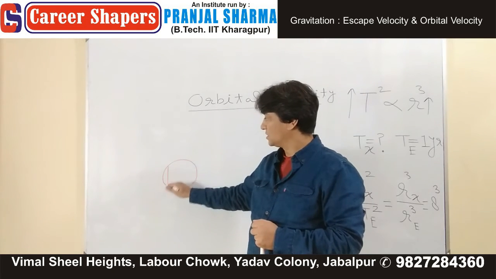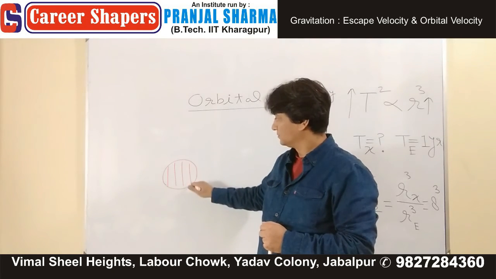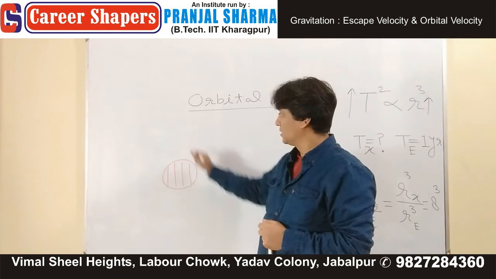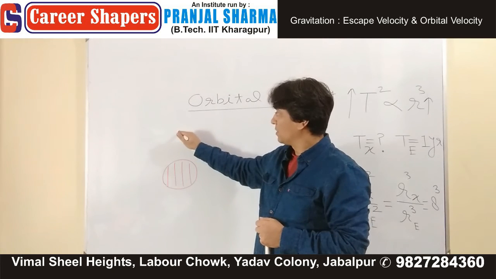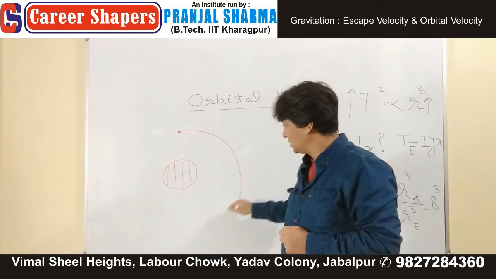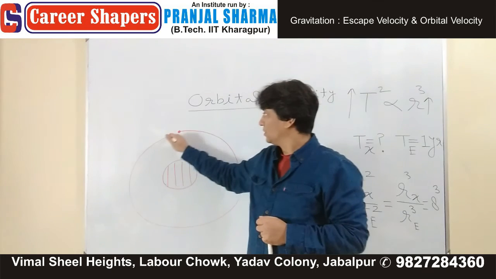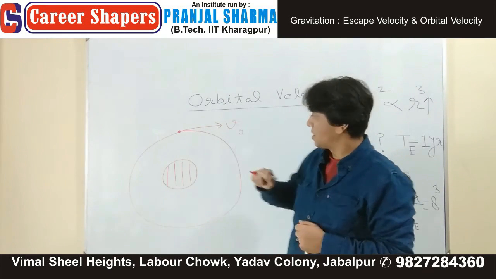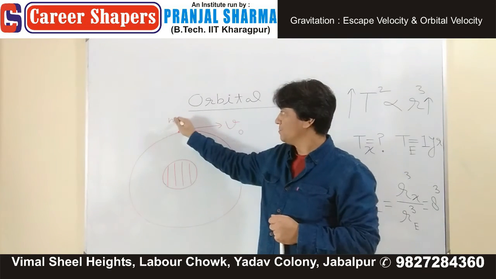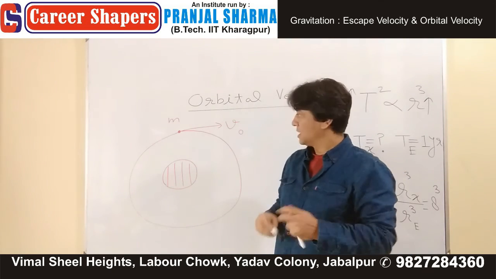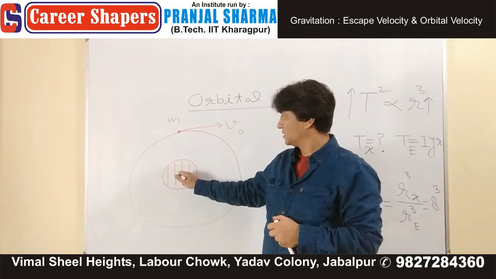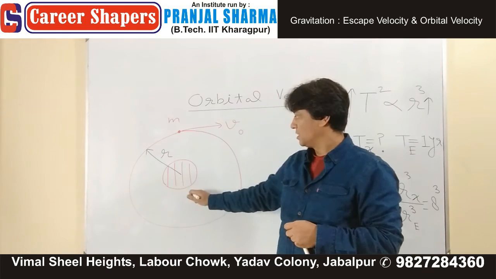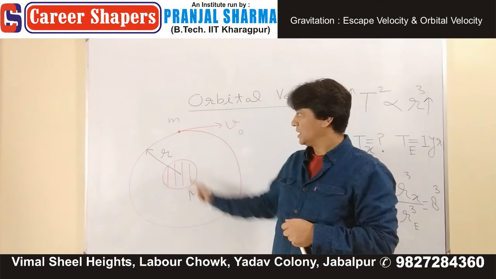Let's say this is Earth. It can be Sun, it can be Earth, it can be any planet. We are interested in the energy of this satellite, which is moving with Vo. Its mass is m and distance from the center of the planet is r.